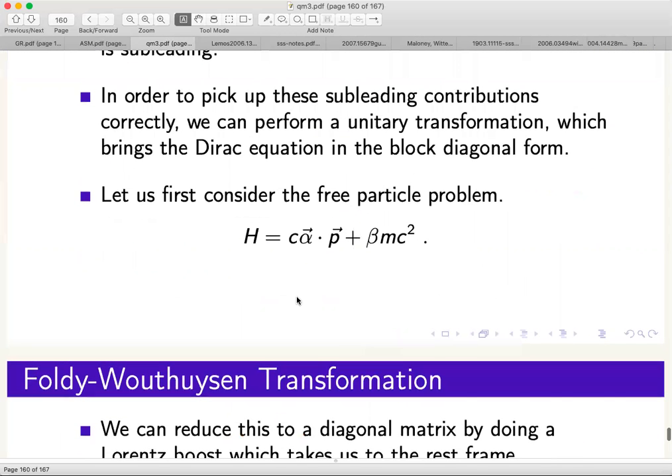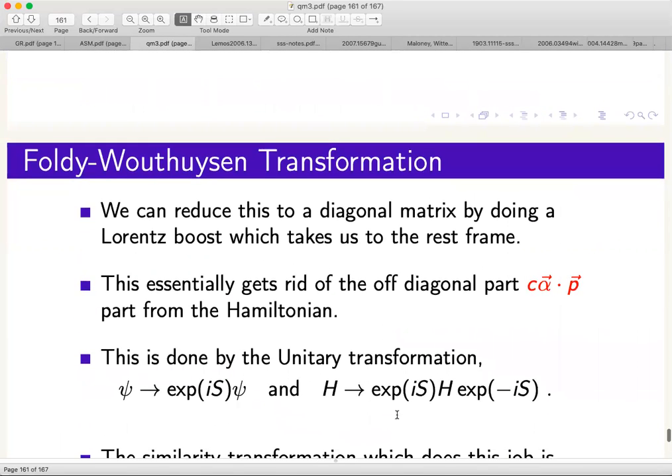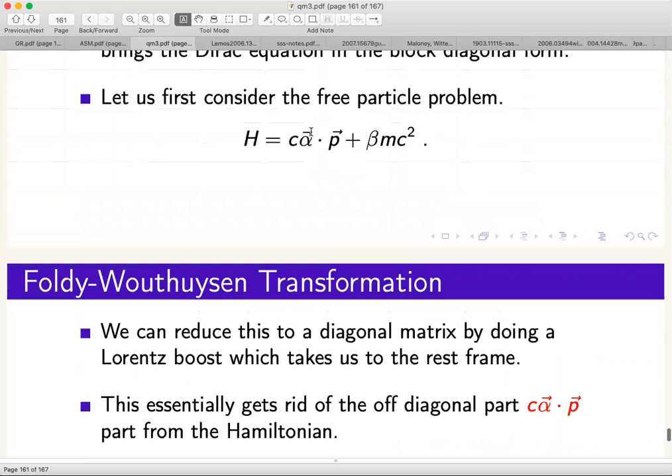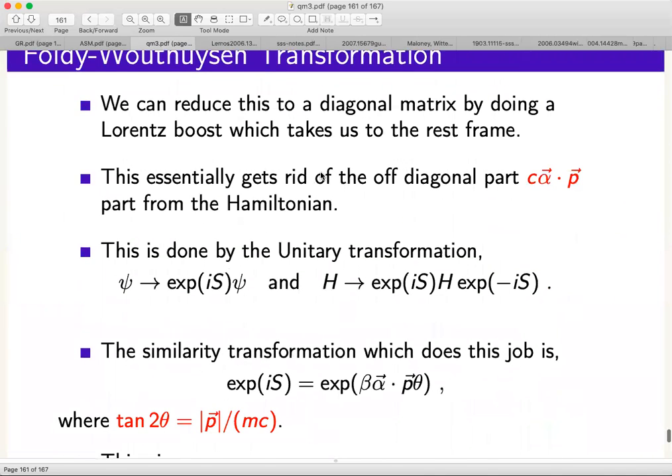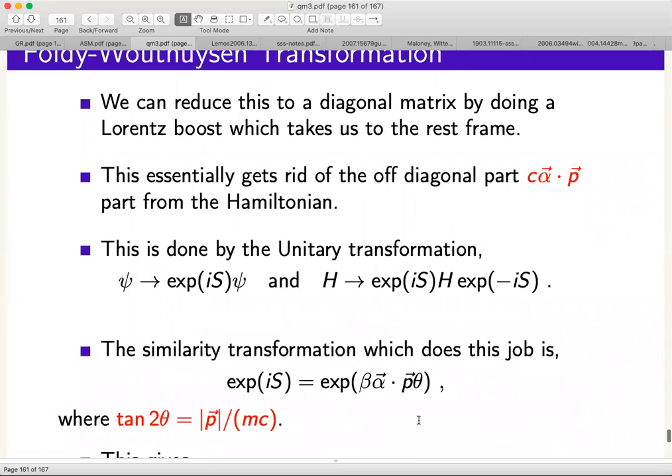Okay, off diagonal piece in the Hamiltonian is alpha dot p. You check what kind of s you can write down such that the commutator of s with h will produce an off diagonal term, namely this, but with the opposite sign. Okay, that is the rule, and the answer is of course beta times alpha dot p.